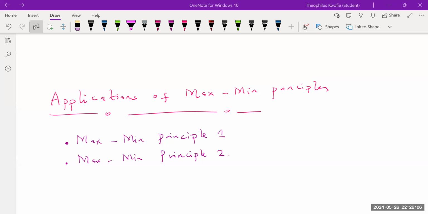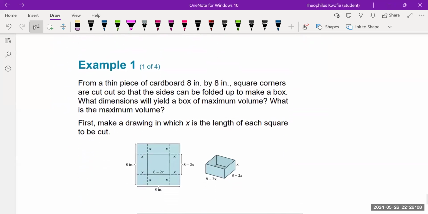So I want us to look at the first problem of the day. It says that from a thin piece of cardboard, measured 8 inches by 8 inches, square corners are cut off so that the sides can be folded to make a box. Okay, so let me underline some key things here.